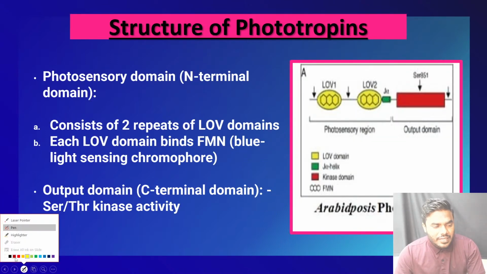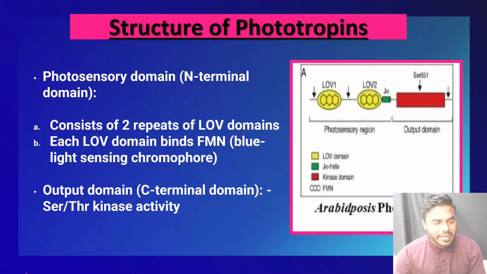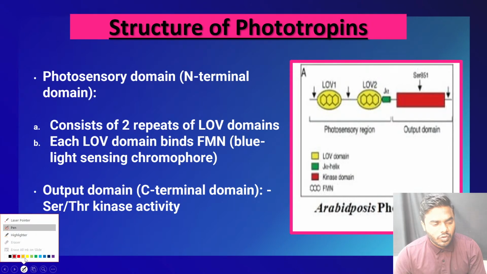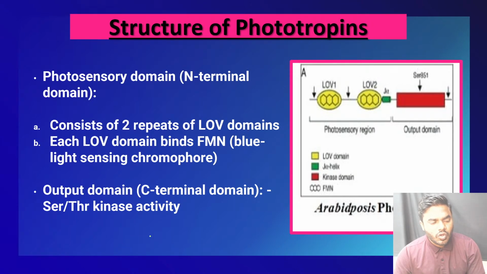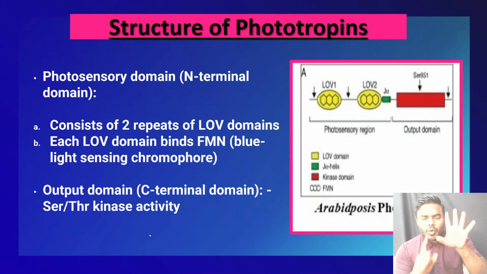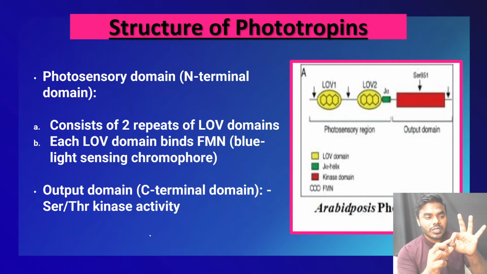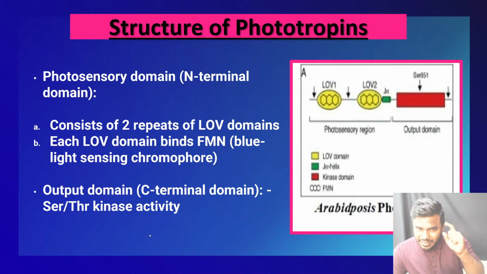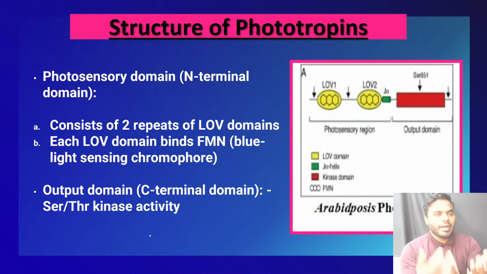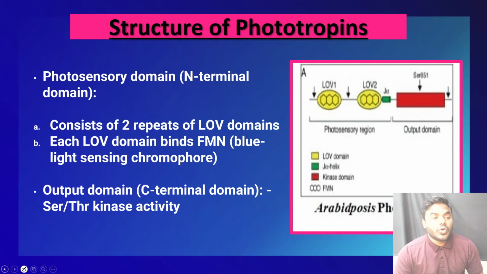Now friends, once again, remember my statement. While we studied phytochrome and cryptochrome, what are the two common statements we remember? Both phytochrome and cryptochrome contain a chromophore and an apoprotein. There is no change. But there is a little change in the structure of the phototropin.